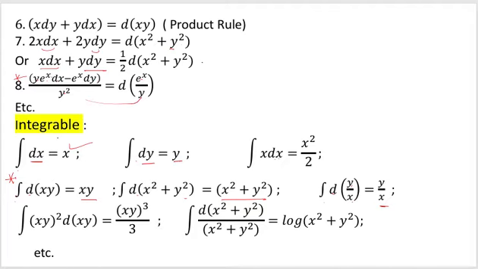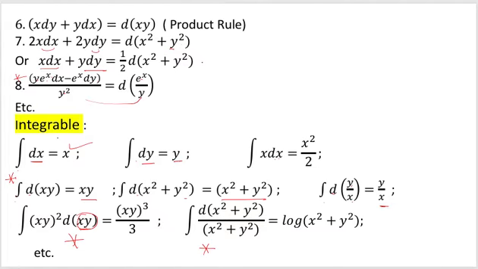How? If you're observing your integration is working with d of xy, then if you see any function in front of it, it will always be in terms of the same model. If it is an xy function, all the functions should be in product form, and you can follow the same integration formula over there. Like these last two cases, I have taken a special situation.